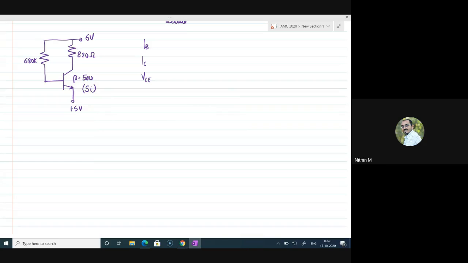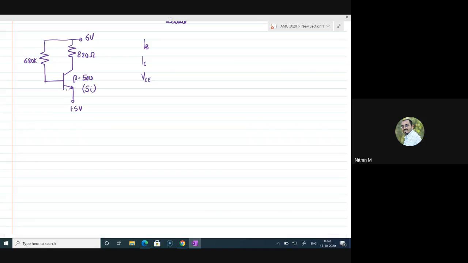But to solve these kind of questions, what we generally do is, it is given that the device is silicon, right? Now, if the device is silicon, then we know that if a PN junction is forward biased, then what will be the voltage across that PN junction? If it is a silicon PN junction, we consider it as 0.7, right?